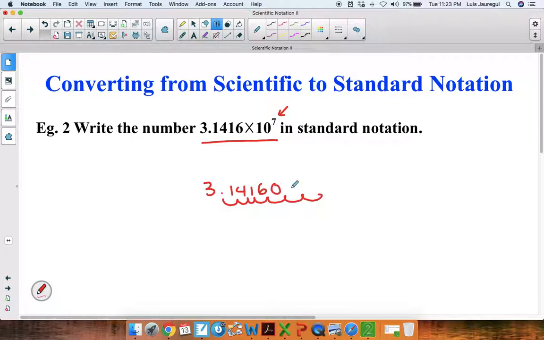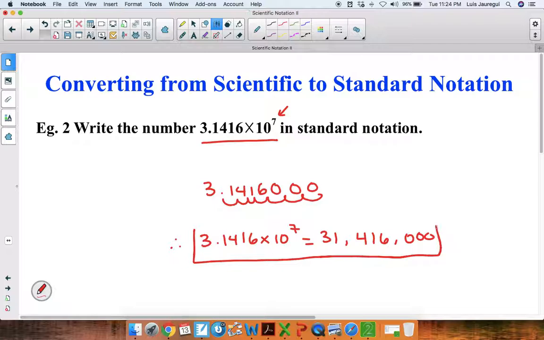And again, we fill in these empty spaces with zeros. So we can say, therefore, 3.1416 times 10 to the 7 is equal to this particular number, 31,416,000, and that gives you your number in standard notation.